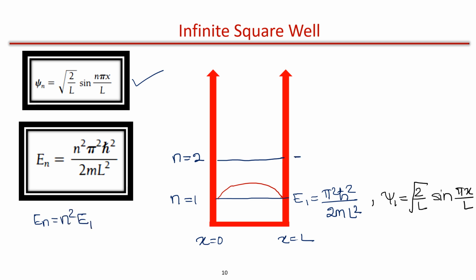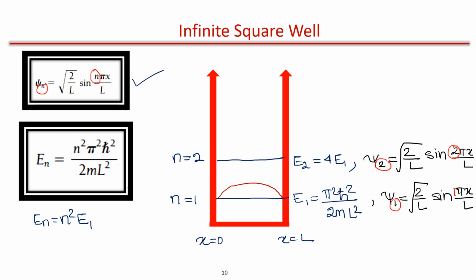So E2 will be 4E1 and the wave function will be equal to root over 2 by L sin 2 pi x by L. Please note that here psi 2 has 2, psi n has n, psi 1 has 1.